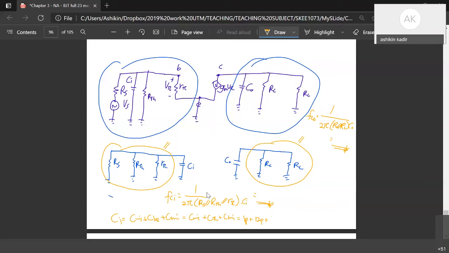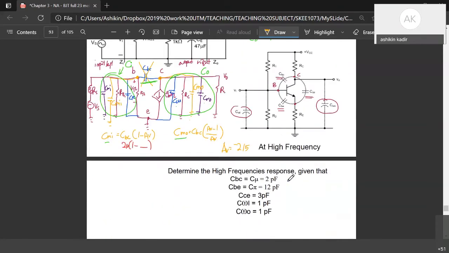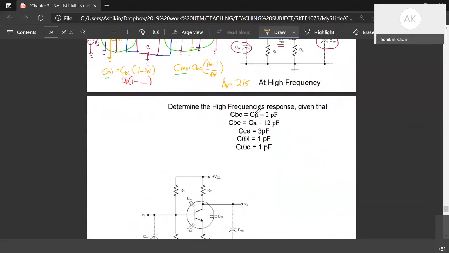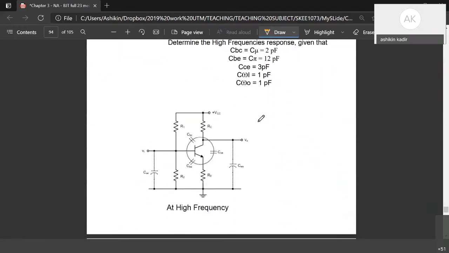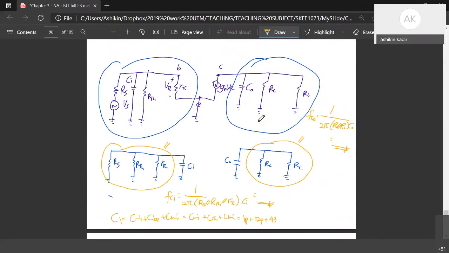CMI maybe for CBC 2 pico, which gives 432 pico. So this one is 445 pico, correct.